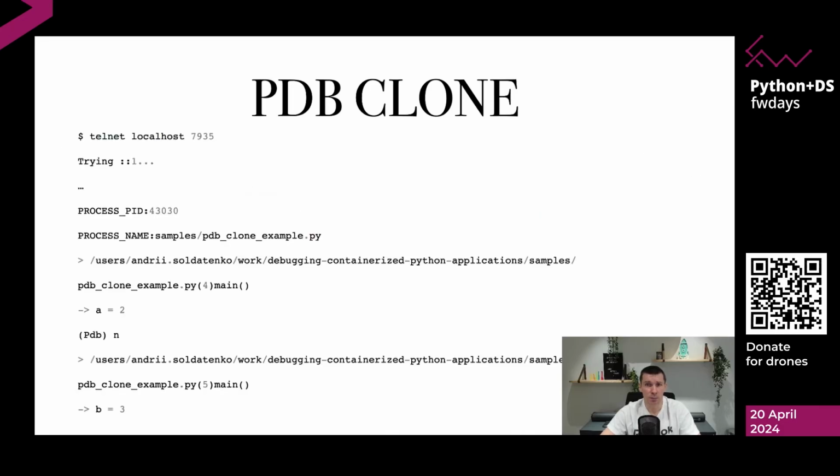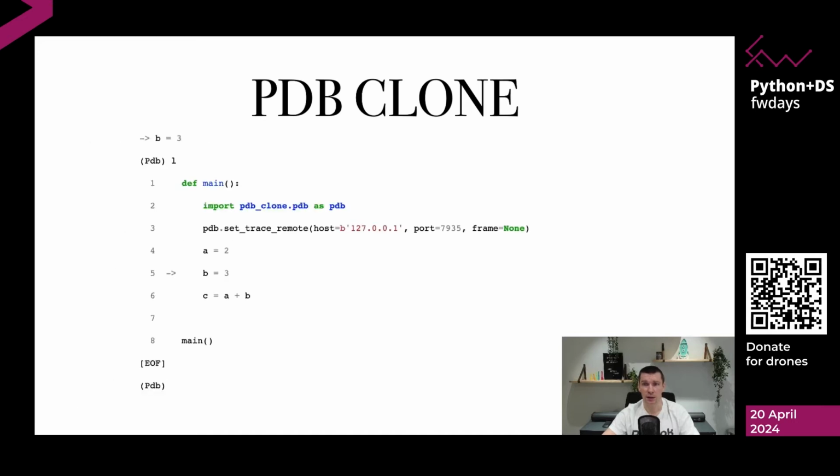And after, you can simply telnet to this host and port, and it will start a debugging session like a normal PDB debugging session. You can again sniff the code, jump, click next with the shortcut N, print some variable names, and repeat.